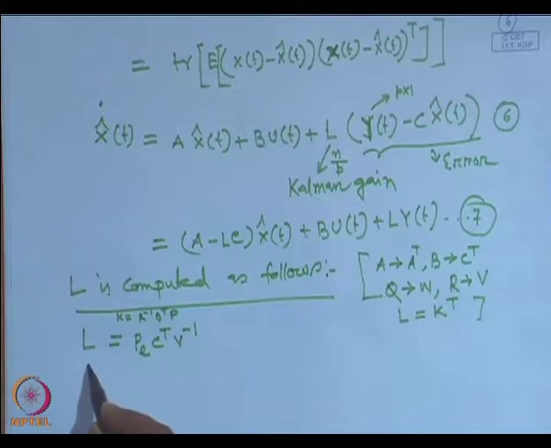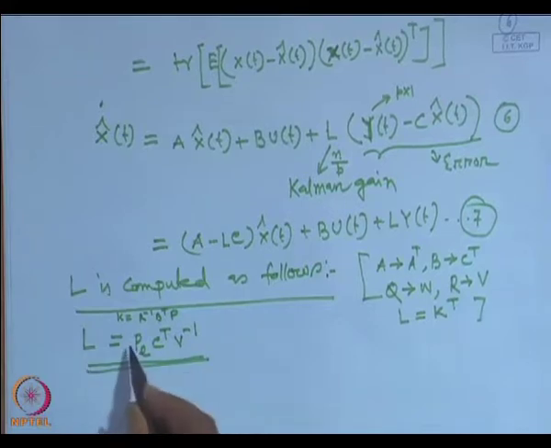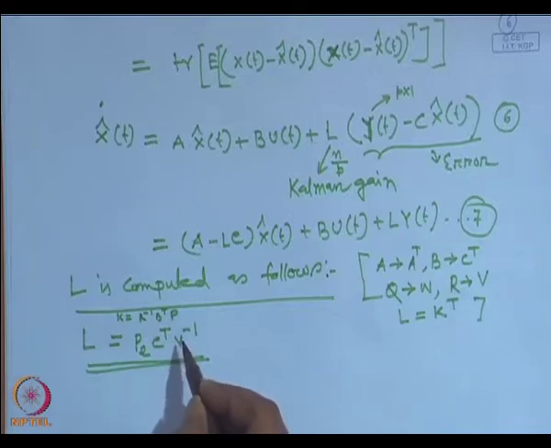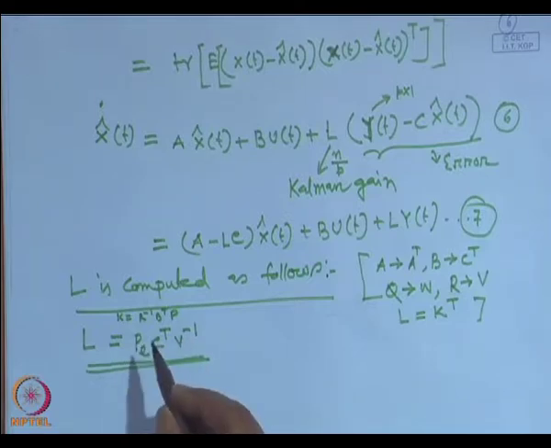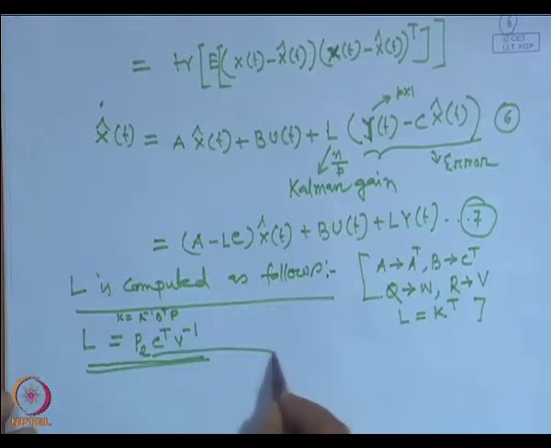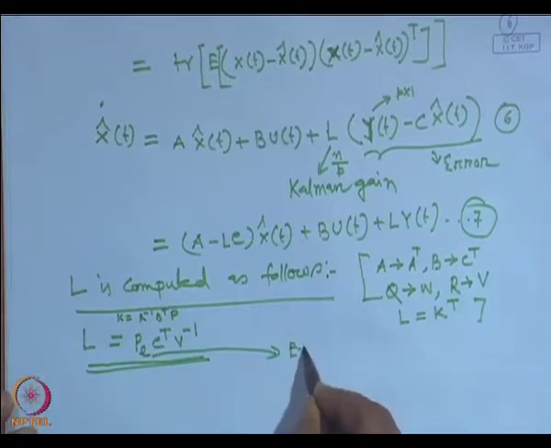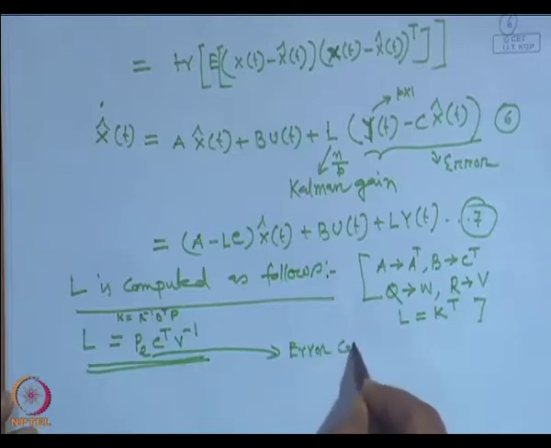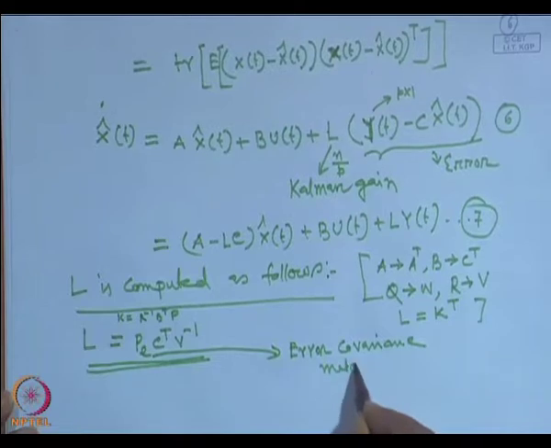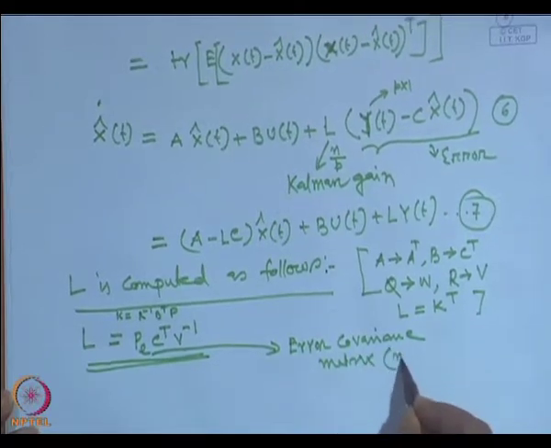This is the Kalman gain you have to find. You know C, and you know V, the measurement noise covariance matrix, but we do not know P. P is the error covariance matrix of dimension n cross n, and that we do not know.